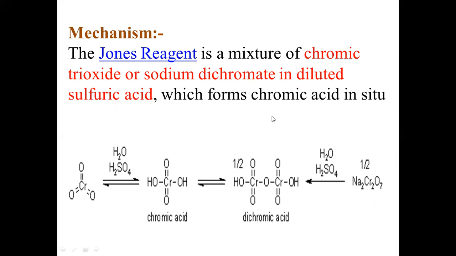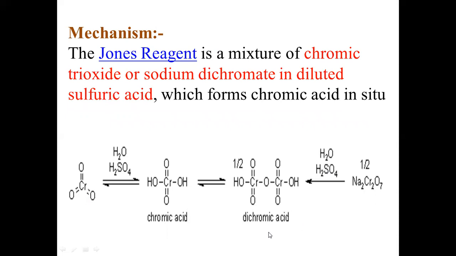Let us see how this chromic acid is formed by the addition of diluted acid onto chromium trioxide or sodium dichromate. If chromium trioxide is added with diluted sulfuric acid, an acid source, it results in the formation of chromic acid. Or else you can take sodium dichromate and add diluted sulfuric acid.